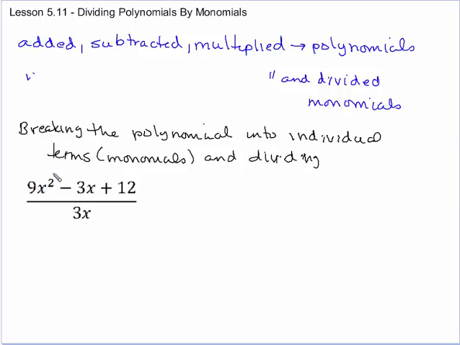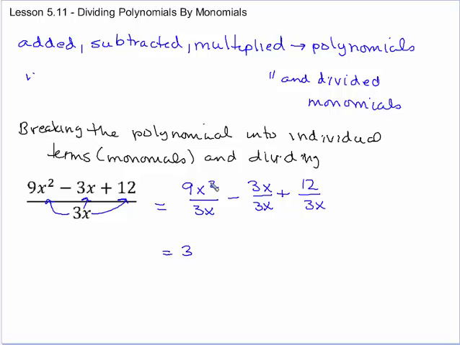So here's an example. I have 9x squared minus 3x plus 12. This is the same thing as 9x squared divided by 3x minus 3x divided by 3x plus 12 divided by 3x. We're going to do each of these divisions separately, so each individual term gets divided by our denominator. 9x squared divided by 3x: 9 divided by 3 is 3.